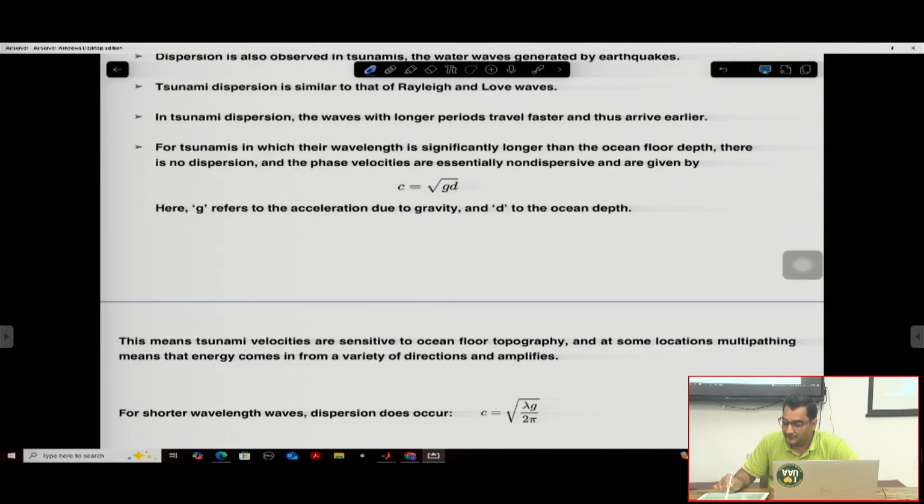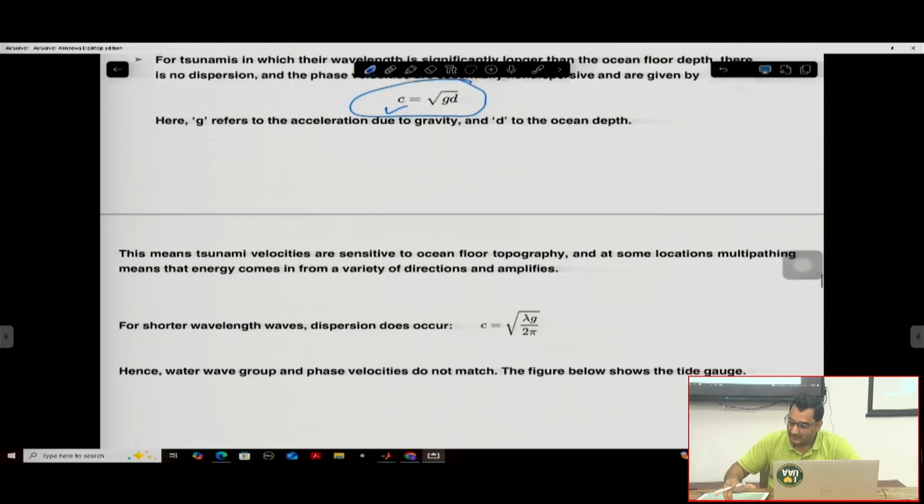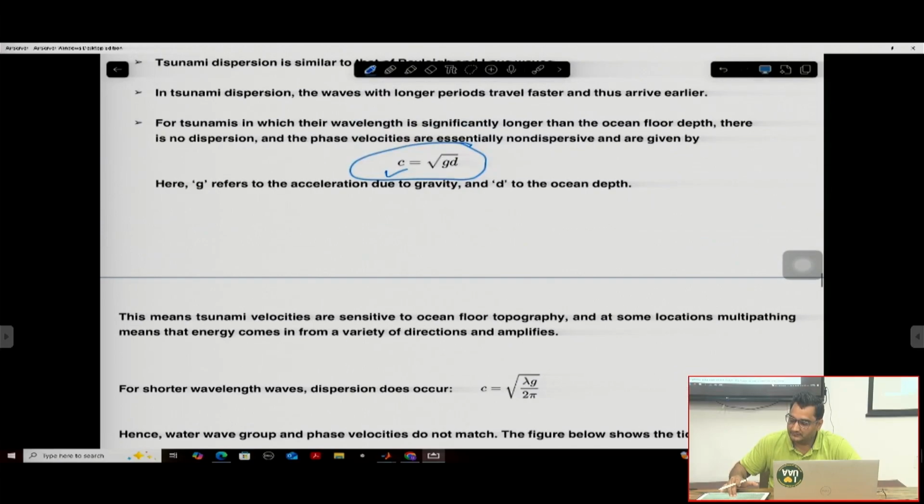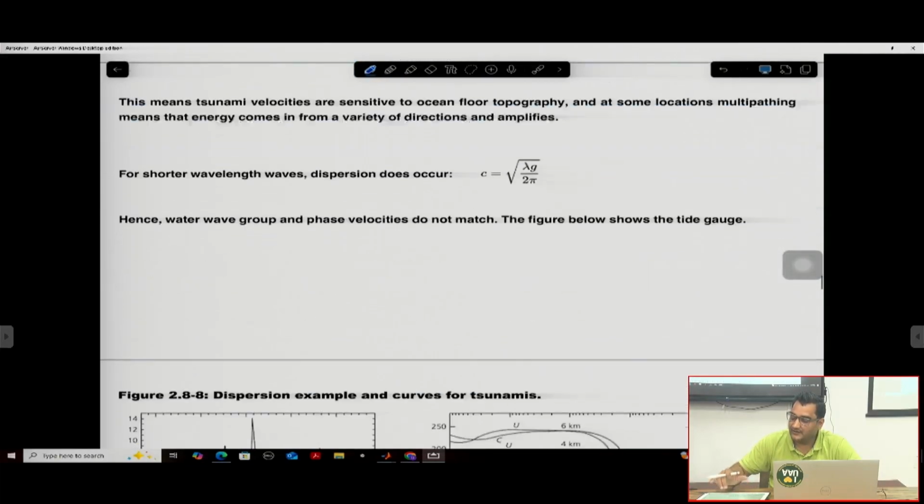So in case of a non-dispersive tsunami, the phase velocity will be equal to the square root of g d. This is the most common formula you might have seen for the tsunami, but that is for the non-dispersive tsunami, for the shallow ocean floor depth, and for the longer wavelength and the deeper depth.